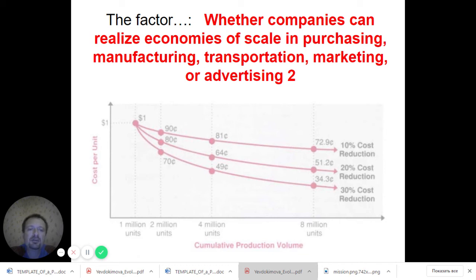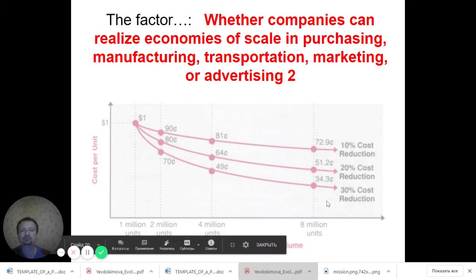Less visible it is the upper line, and more visible it is the bottom line with, for example, 30% cost reduction at this very picture.